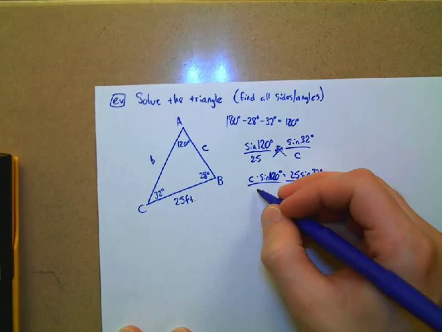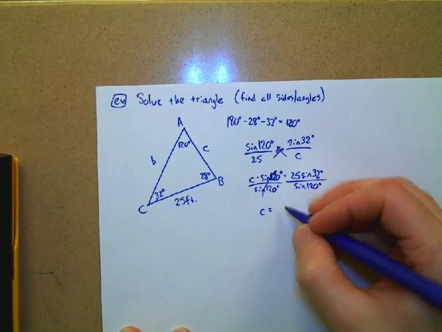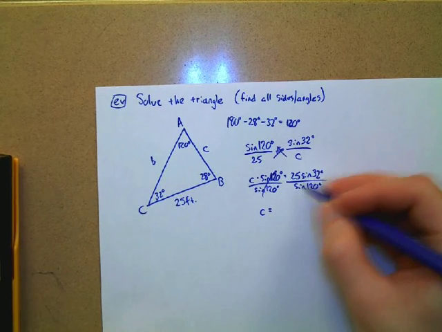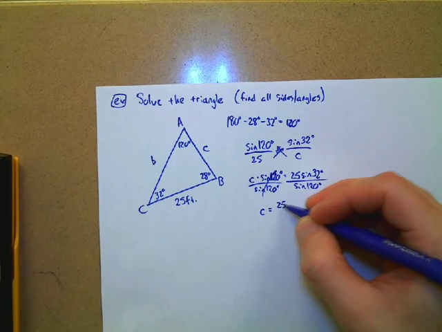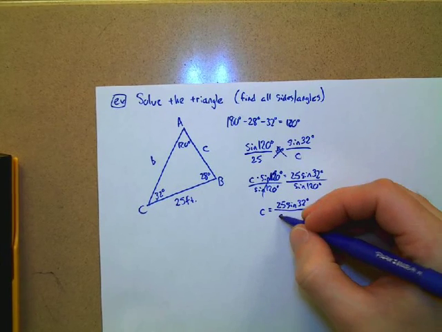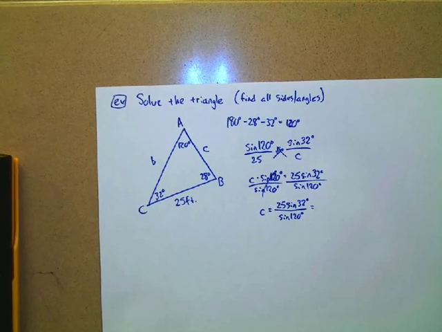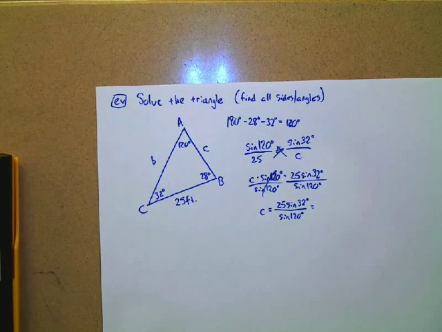Type that into our calculator to get a side measure. I get about 15.297. So c is about 15.297.